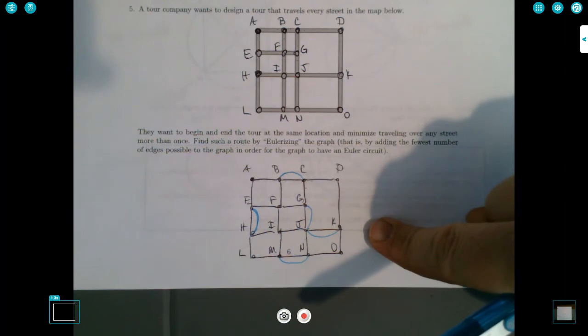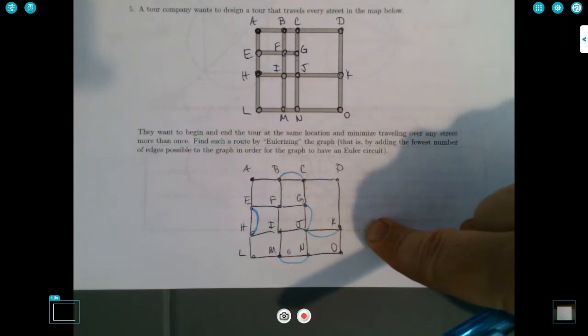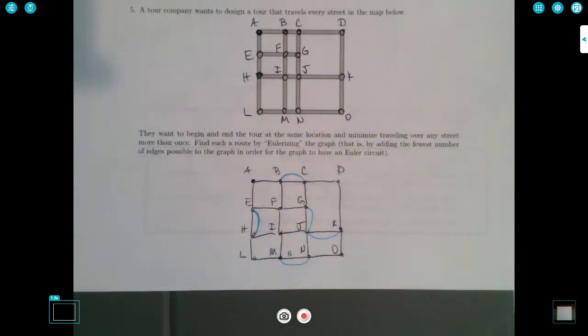And once you get that, then you know for a fact that you can draw an Euler circuit. And it doesn't really matter where you start. Okay?